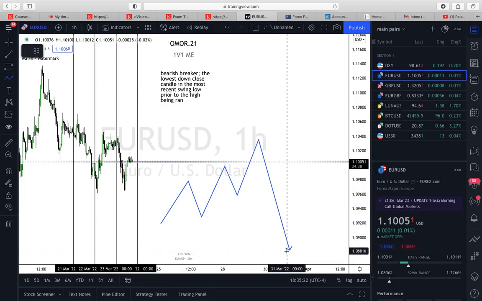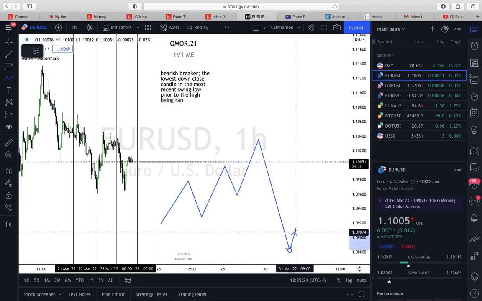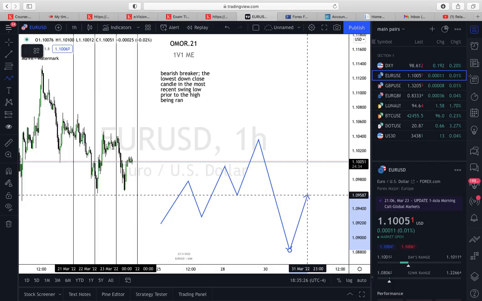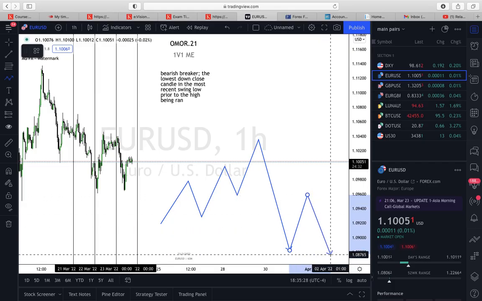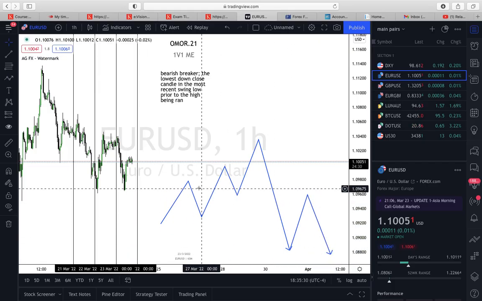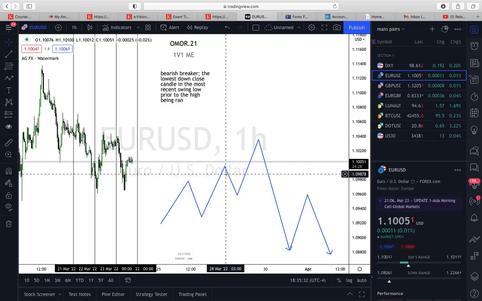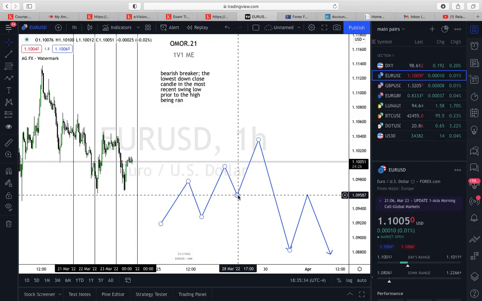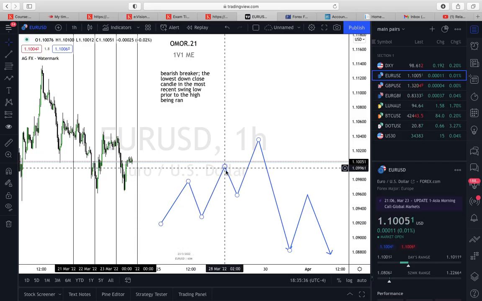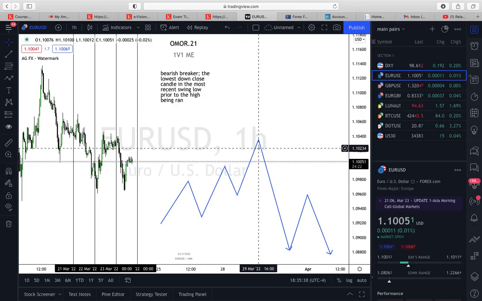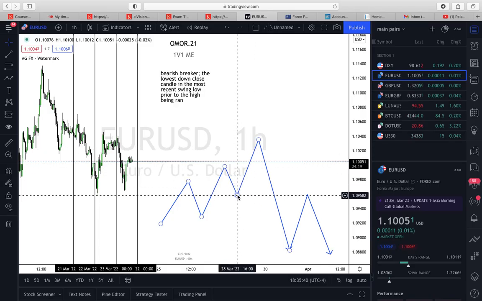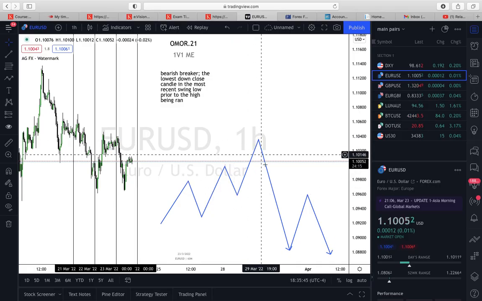The answer is this low. Why is it this low? Because we're looking at the low to be attacked. When we break this high, we retrace, and then we break this high. This is the low that's responsible for the high being run before breaking lower.